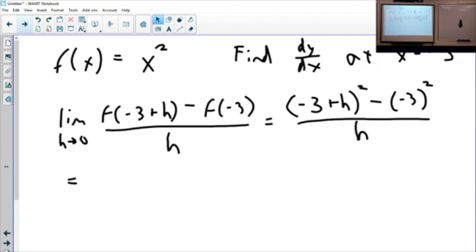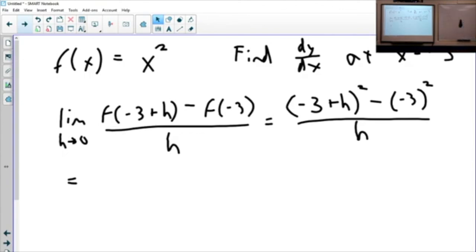If I asked you to do this at -5 or at 10, thinking about what the answer would be. Because what we're going to eventually end up with is a general function for, at any point, what is the derivative of x squared?